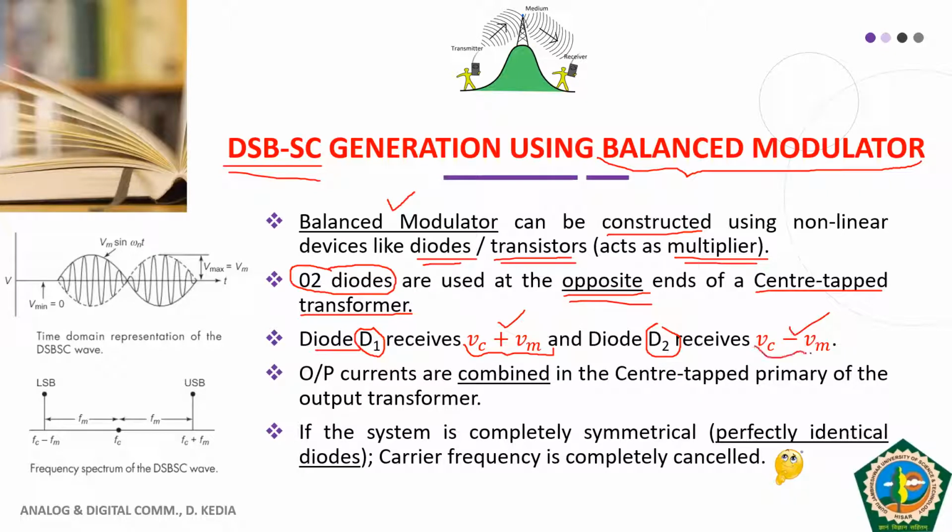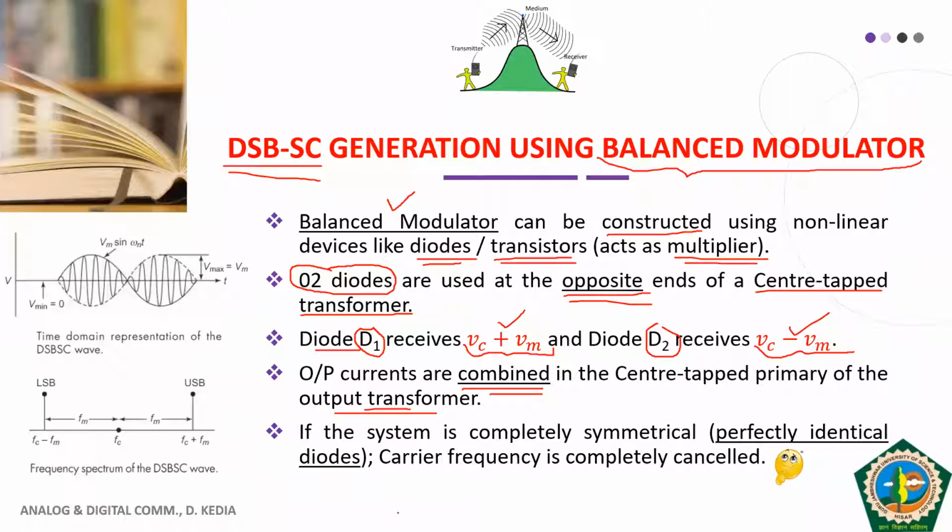You'll be able to clarify in the circuit how to obtain the sum and the difference of the two signals. Now the outputs of these two diodes will be combined together in the output transformer. We will see how we combine them, and once we combine them, we get a double sideband suppressed carrier signal using the balanced modulator.